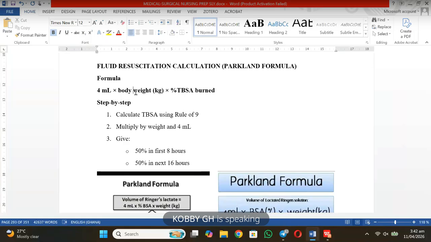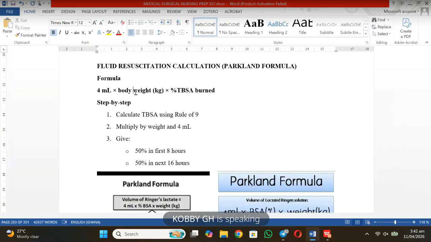So let's do an example. If you have your calculators, we can do it together. A patient weighs 55 kg and suffered a burn. The burn affected 25% of the body surface area.